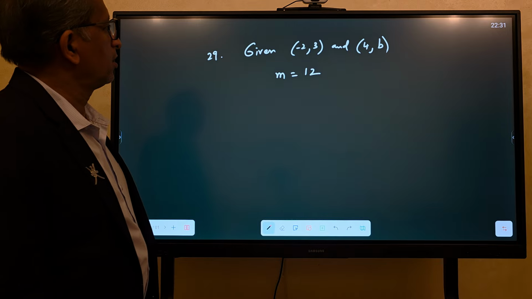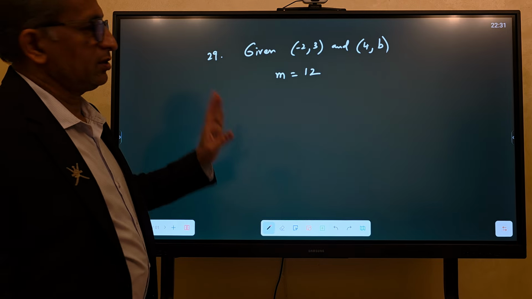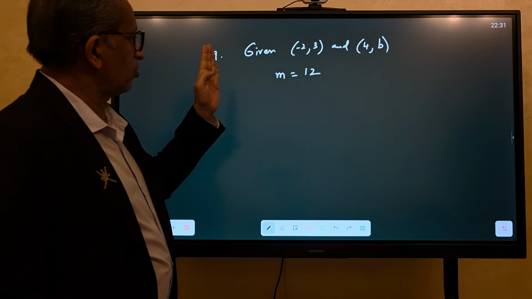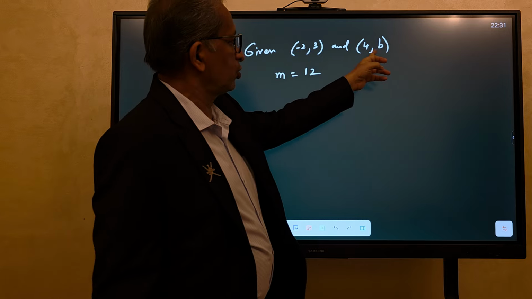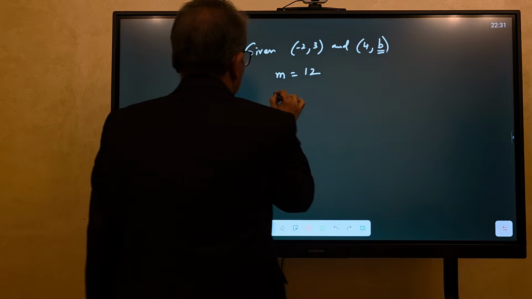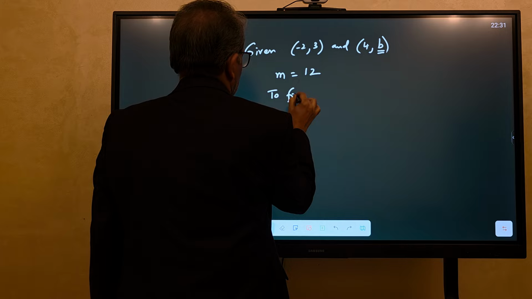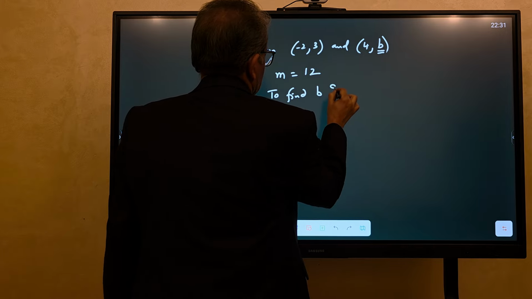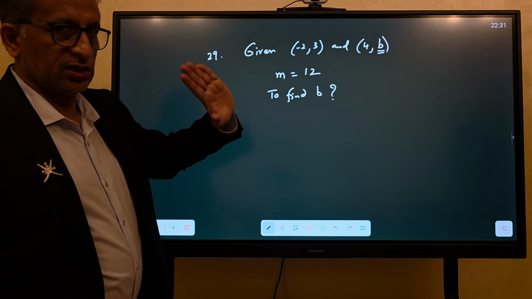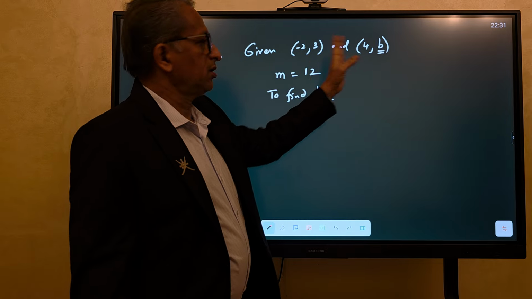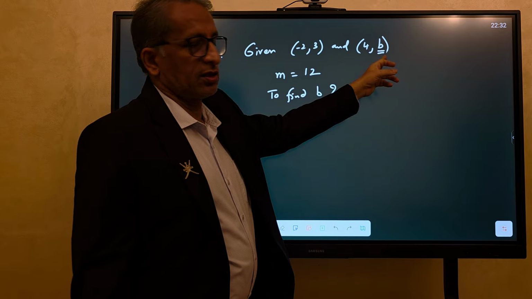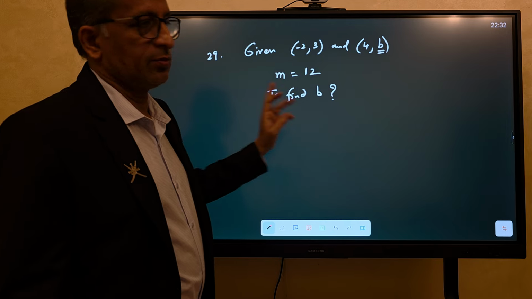Whenever 2 points are given, all the coordinates should be numbers, but here one is unknown. You are asked to find b. The slope is given, you are not finding the slope. Out of 4 coordinates, 3 are given, the 4th is not, so we are asked to find that b.